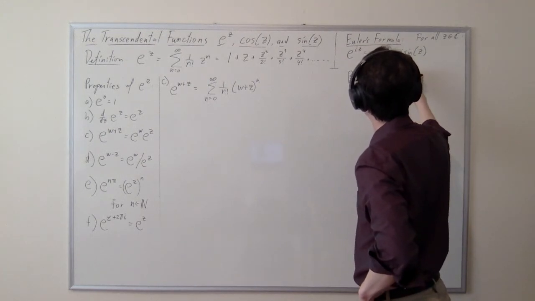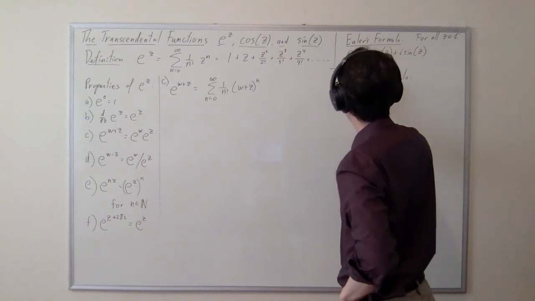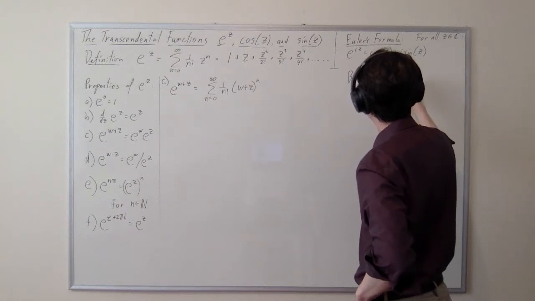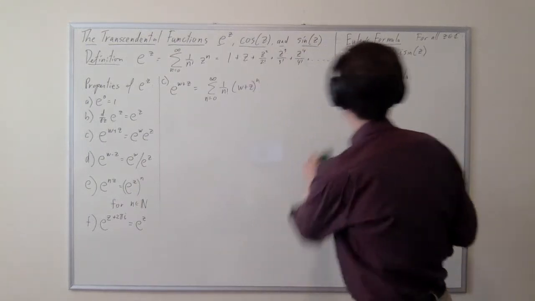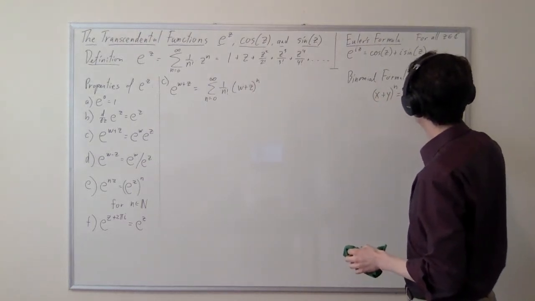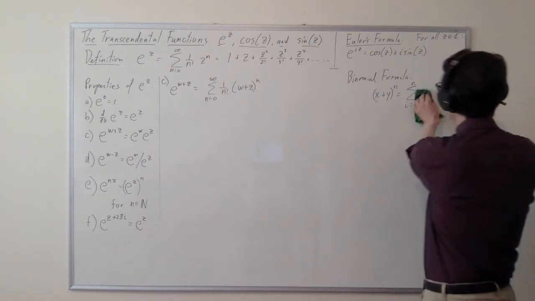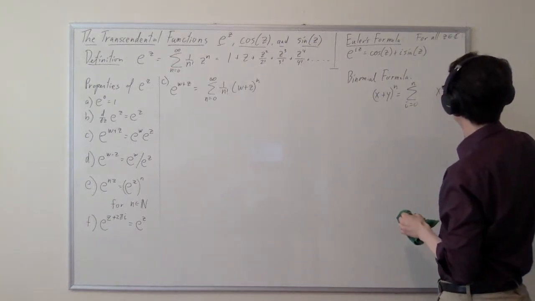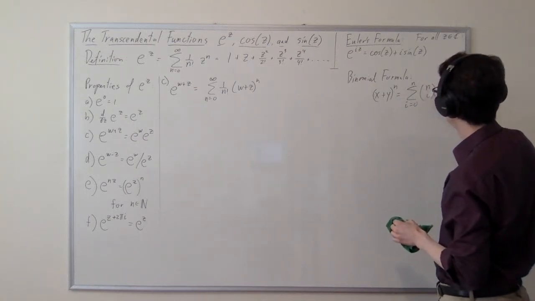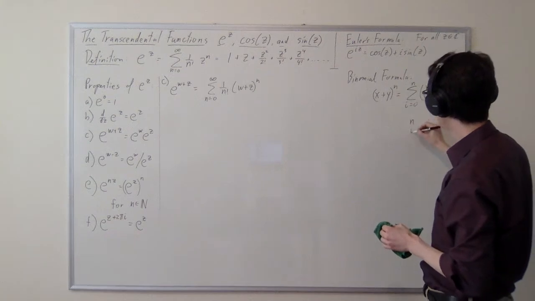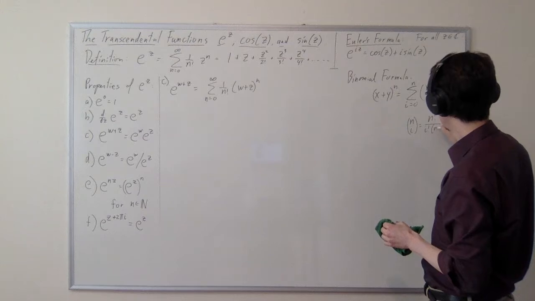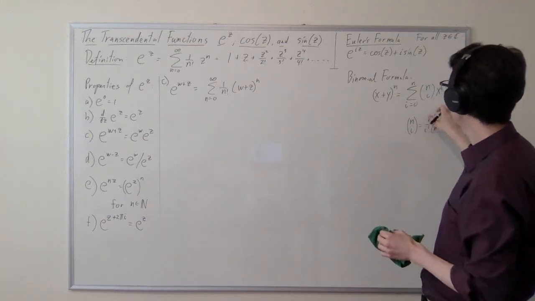It tells us that x plus y to the n is equal to the summation from I equals 0 to n of x to the I, y to the n minus I, and then it tells us what coefficient to put here, and that should be n choose I. And n choose I, of course, is n factorial over I factorial n minus I factorial. So that's the binomial formula.